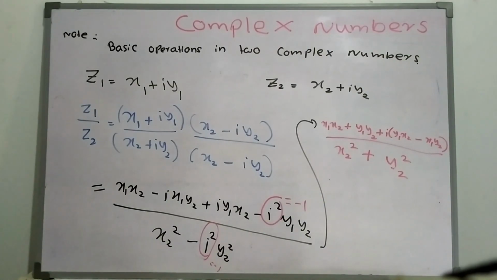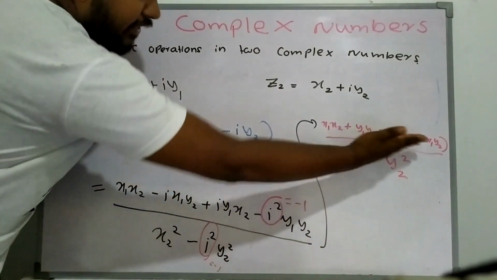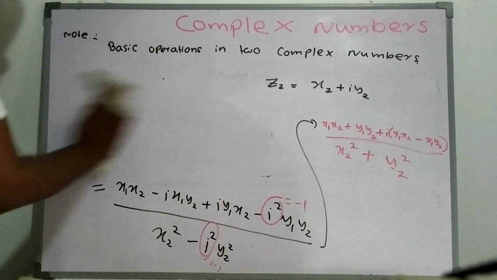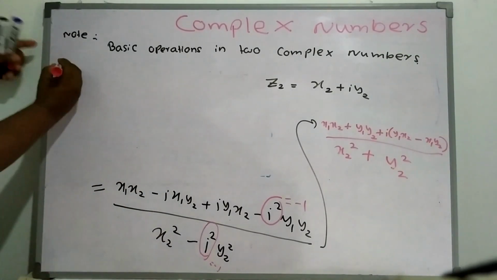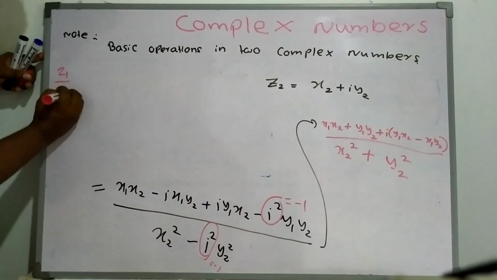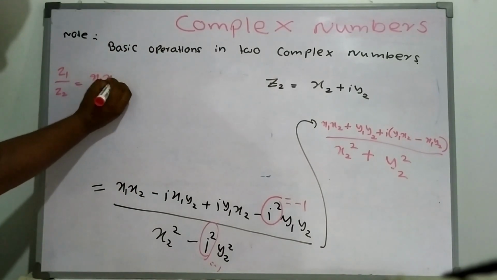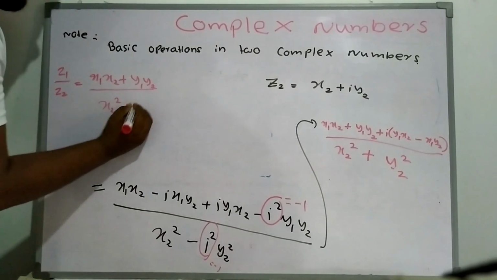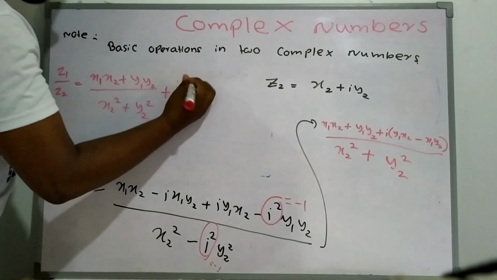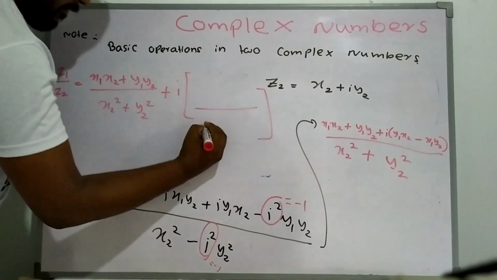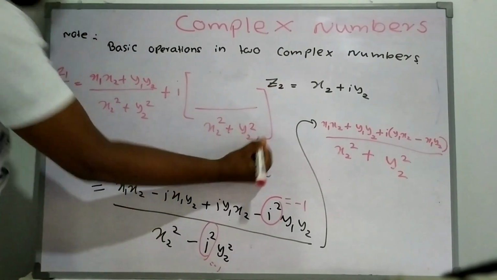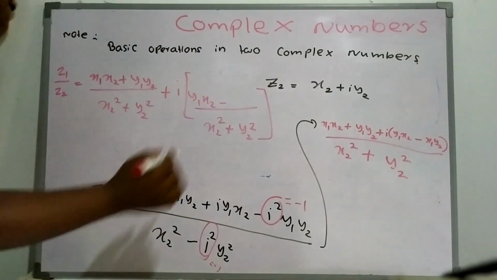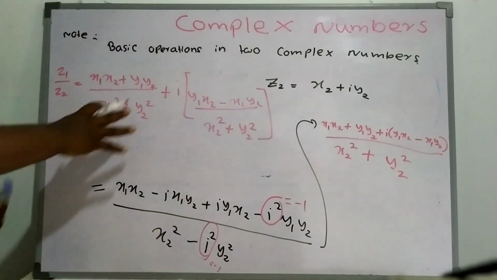Right. So I'm going to divide the numerator by the denominator individually. So z1 over z2 is x1 x2 plus y1 y2 over x2 squared plus y2 squared, plus i times y1 x2 minus x1 y2 over x2 squared plus y2 squared. What is this?